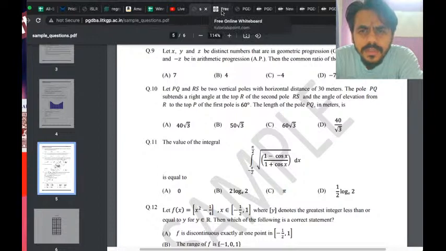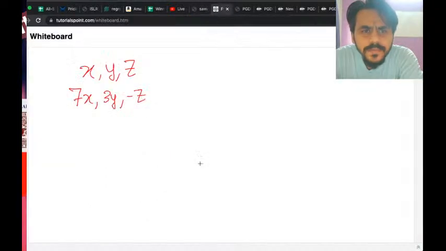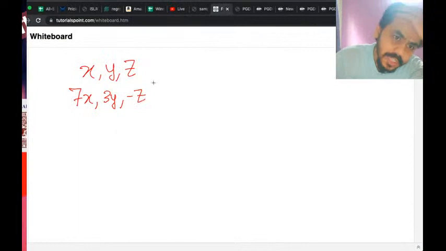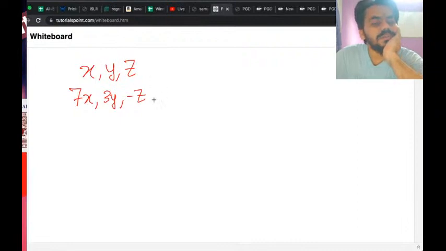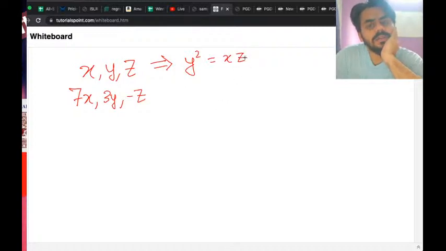Essentially what I need is either y by x or z by y or any kind of ratio among these numbers, right? So from here I can say that y square is equal to xz, right?